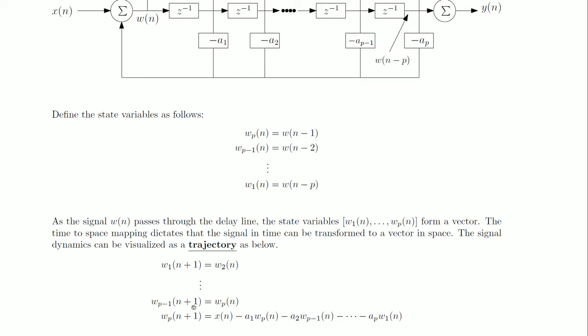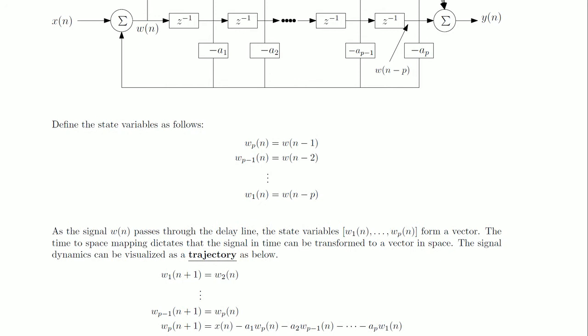W_{p-1}(n+1) is W_p(n), and W_p(n+1) is basically your W(n), which is x(n) minus all the terms that you have in the feedback path.